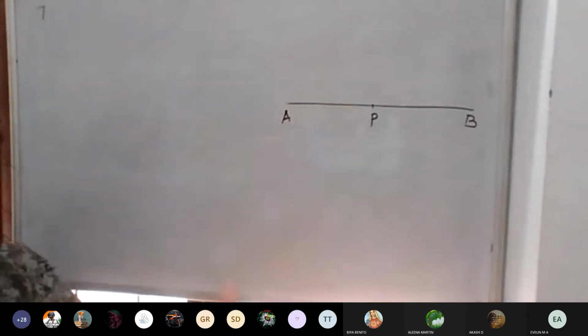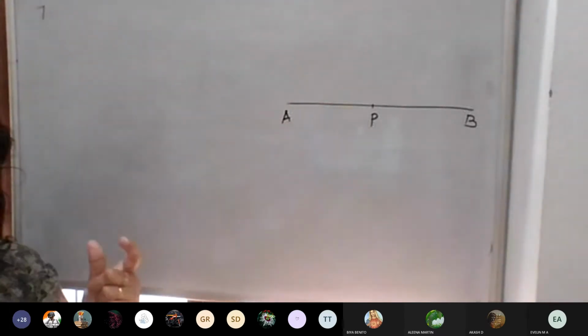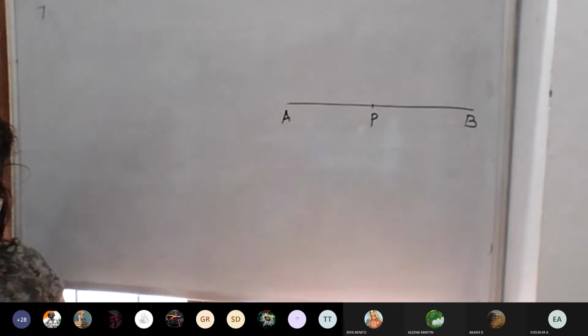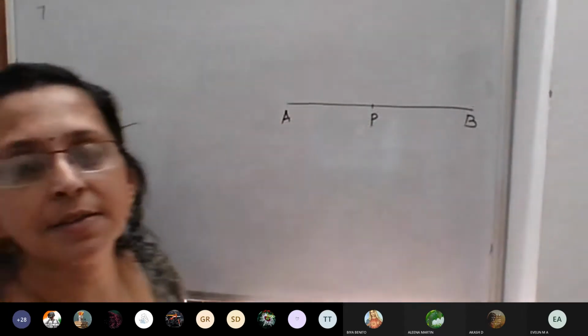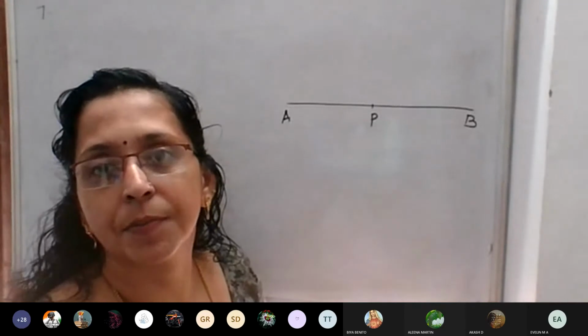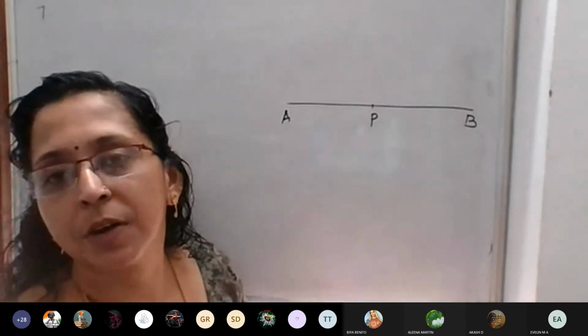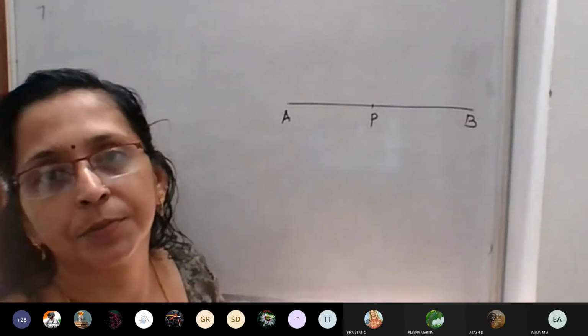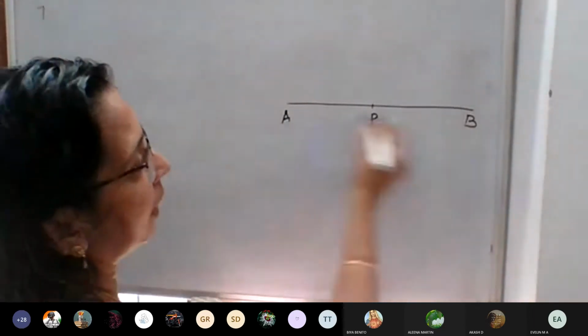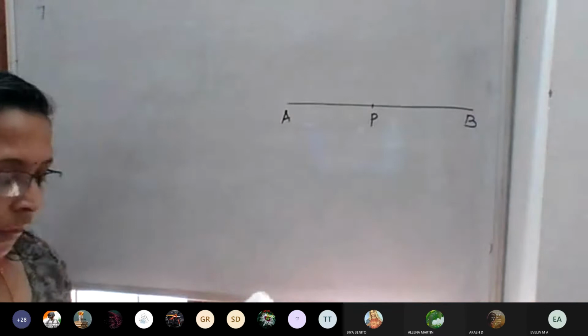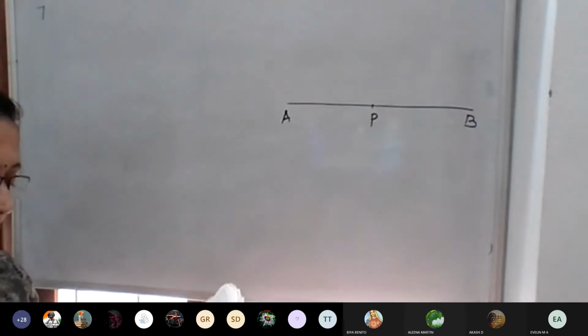Through point P, another line segment PQ, which is perpendicular to AB. Tell me, how can we draw that line?